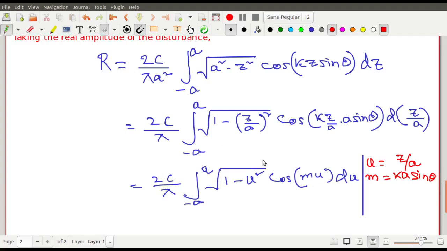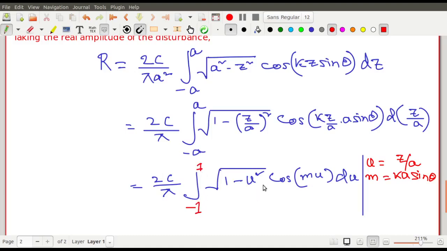And once I do this, these limits will also have to be taken care of. I cannot use the same limits because these are the limits for the variable z. So once I use this one, z I replace with minus a, so this one will be minus 1 and this limit will be plus 1. So এটা limit হয়ে যাবে minus 1 থেকে plus 1.